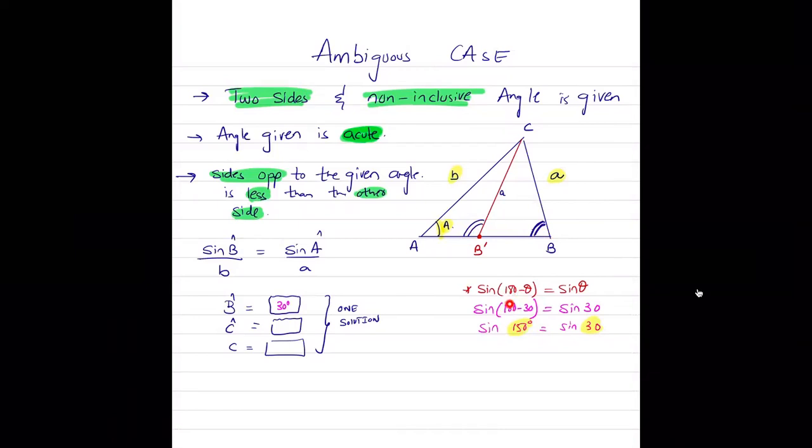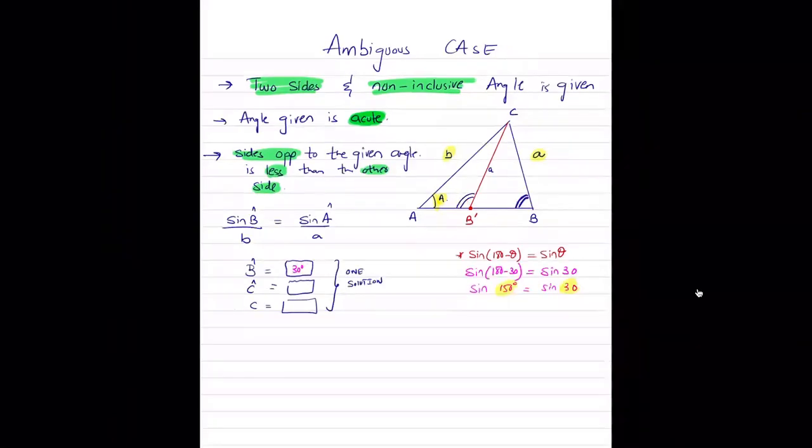Using this concept, if I just know this angle, I can find the other solution B dash by subtracting angle B from 180. I get the value of this angle, so I now have the location of point B dash.